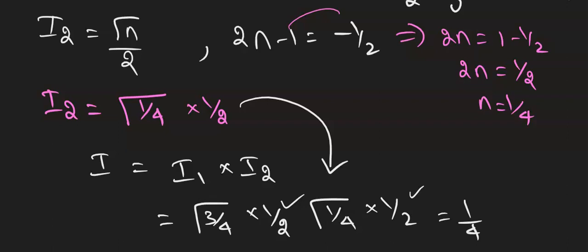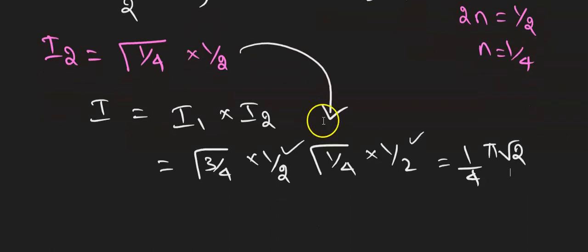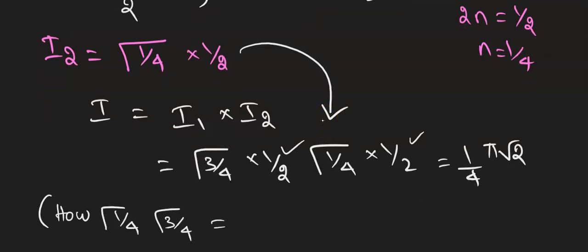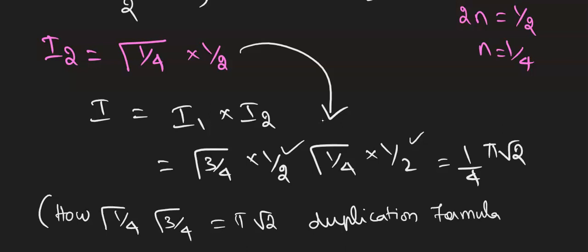And we are using the formula gamma of 1 by 4 into gamma of 3 by 4 as pi root 2. How did we get this formula? Gamma of 1 by 4 into gamma of 3 by 4 is equal to pi root 2 by using the duplication formula. In the duplication formula, you will substitute m as 1 by 4.